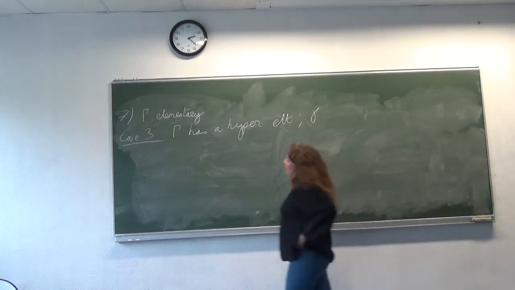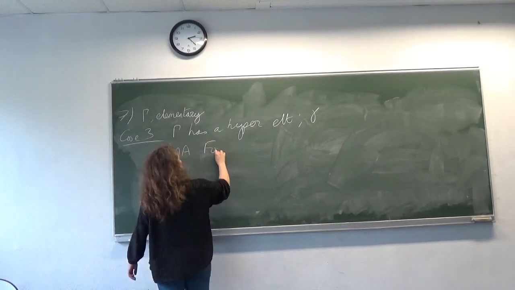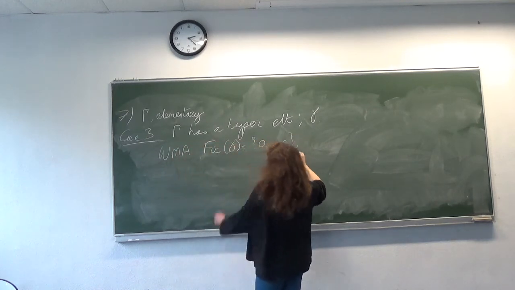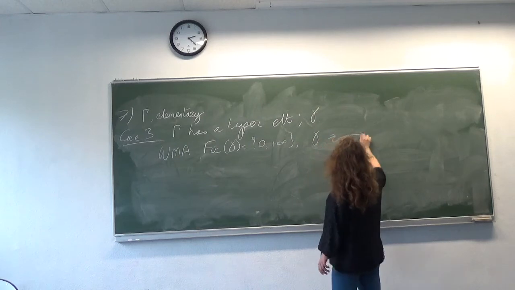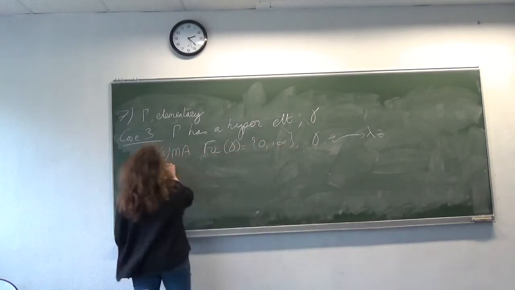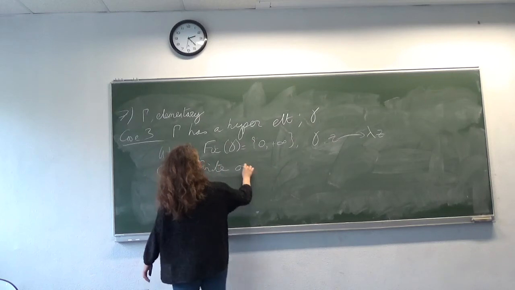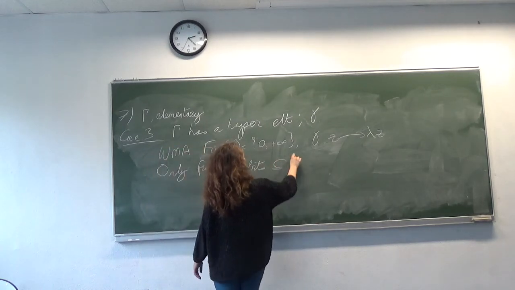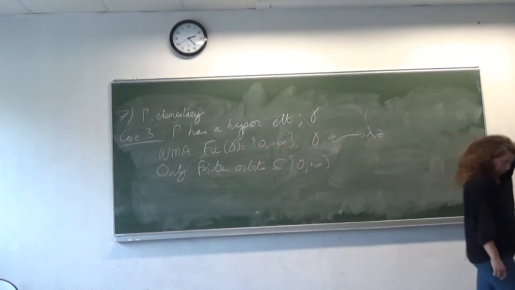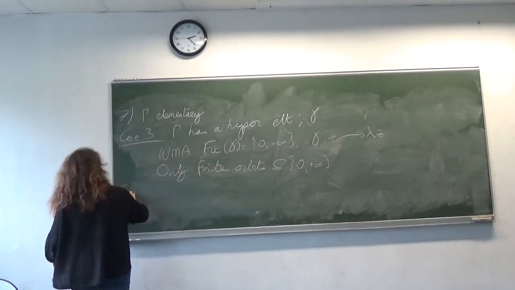Now, after conjugation, we assume that the fixed points of gamma are 0 and infinity, and that gamma is of the form z goes to lambda z, and I notice that the only finite orbits are subsets of {0, infinity}.